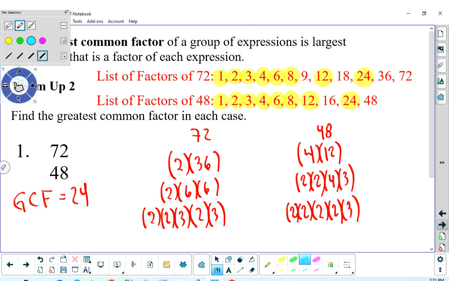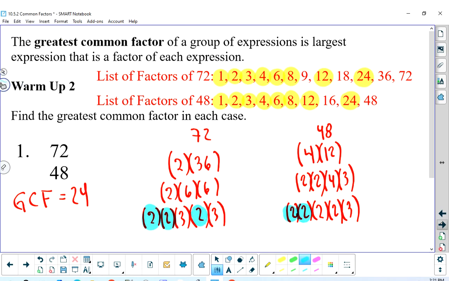For example, there is a 2 here and here. There's another 2 here and here. There's another 2 here and here. So each of these numbers, 48 and 72, have 2 times 2 times 2 as a factor.